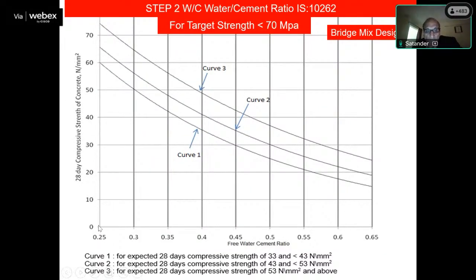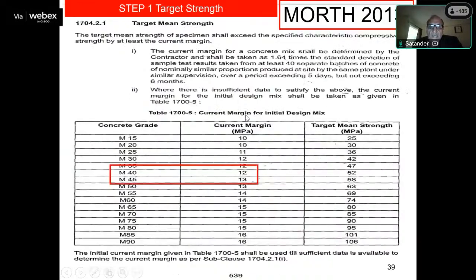Correct? So water cement ratio shall not be less than 0.25. Please remember, because the minimum water required for chemical reaction is 25. This law is applicable when the water cement ratio is more than 0.25 and maximum 0.65. So there are three curves.